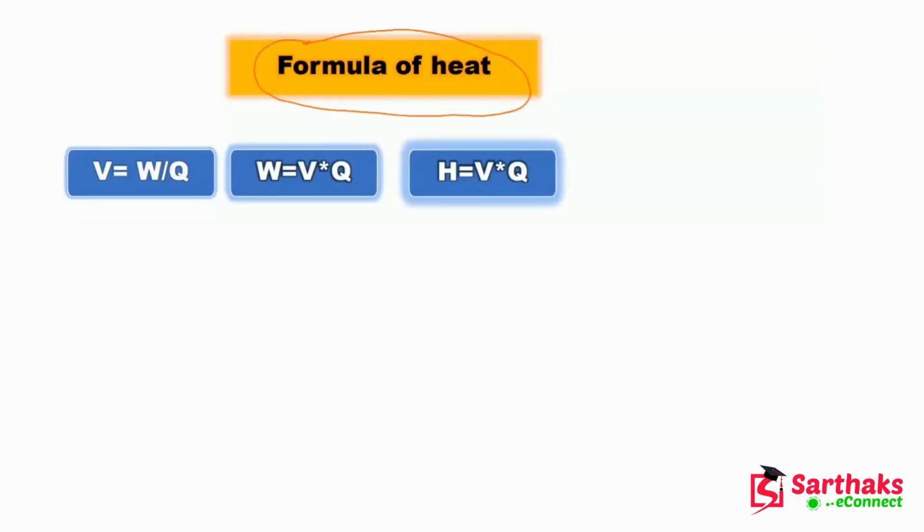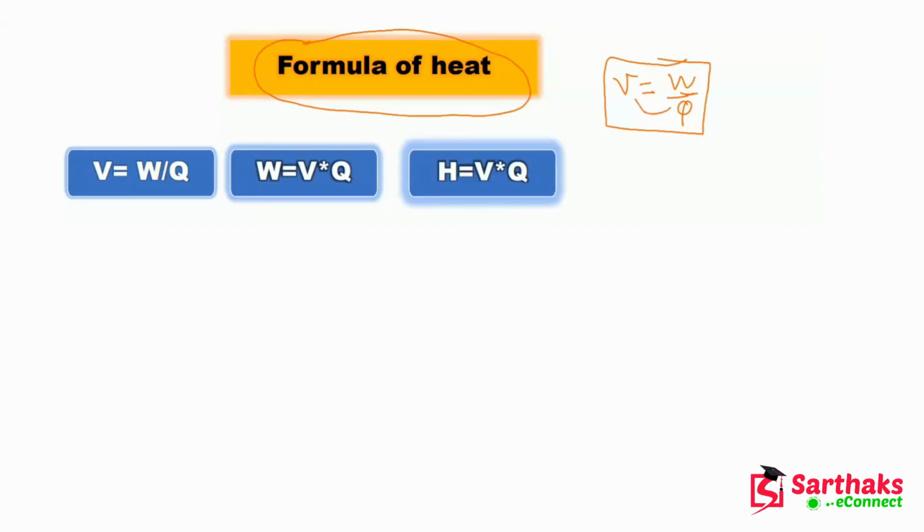We know what potential is. Potential is the work done to flow 1 coulomb of charge in a circuit. How can we calculate this potential? We can calculate the potential by dividing work by charge.